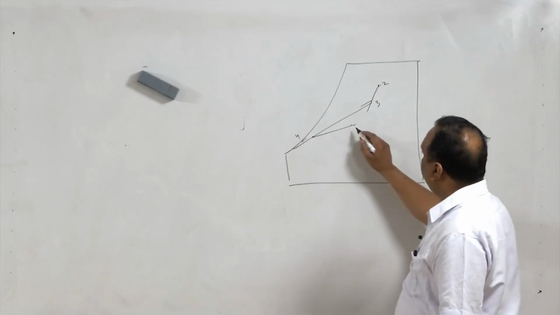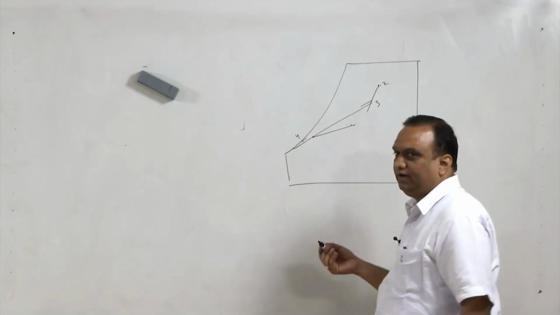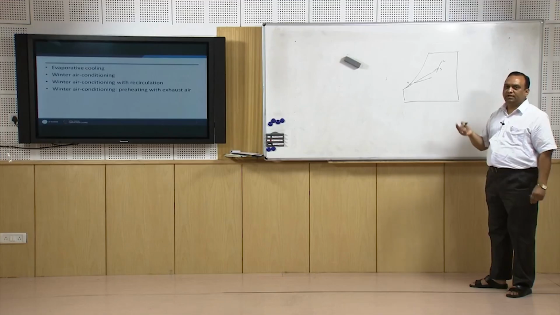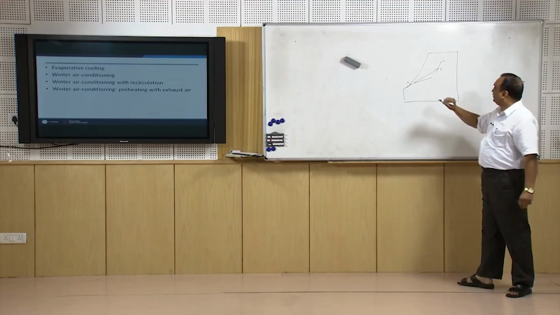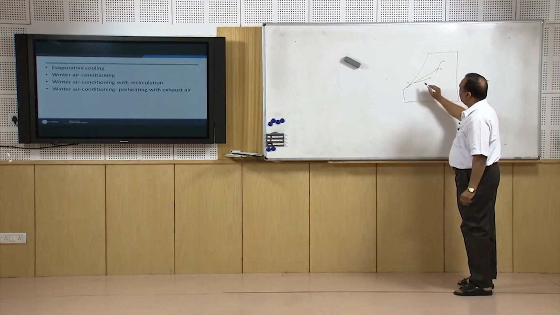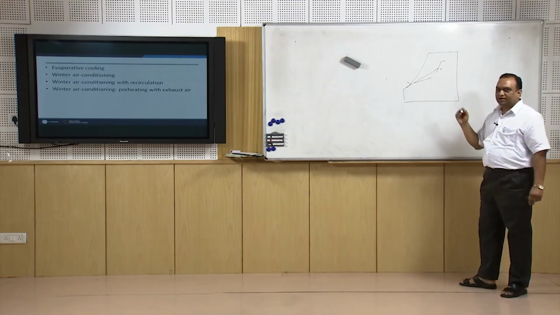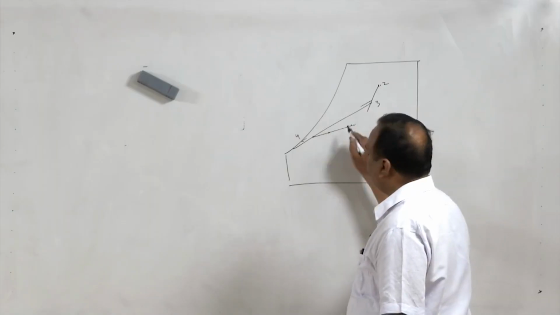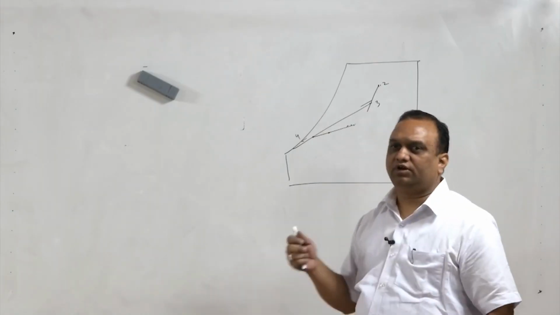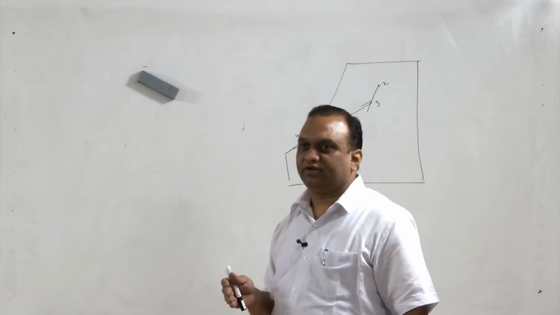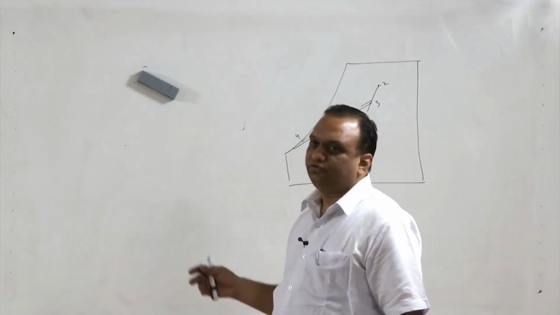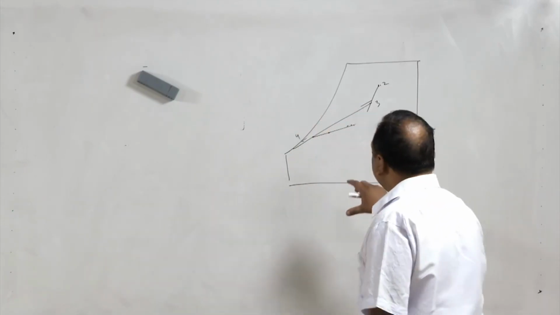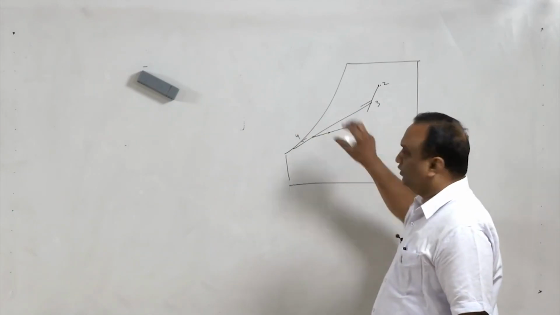In split air conditioning there is no mixing at all; return air is mixed with the fresh air here, not here. But in a duct type system, if mixing takes place after the cooling coil, the position will be somewhere here. We will solve some numericals on actual air conditioning systems, and when we solve those numericals, the concept of mixing will be clearer to you.